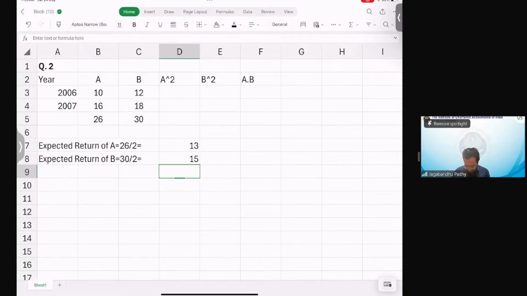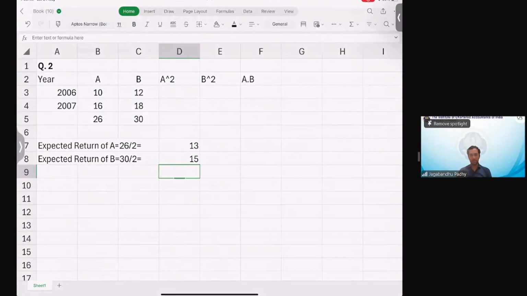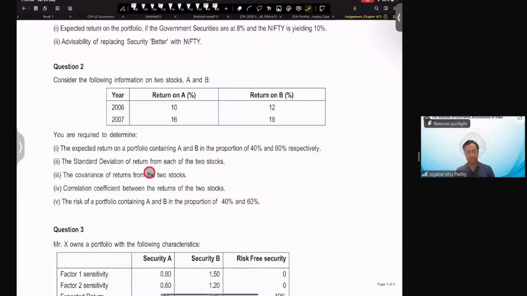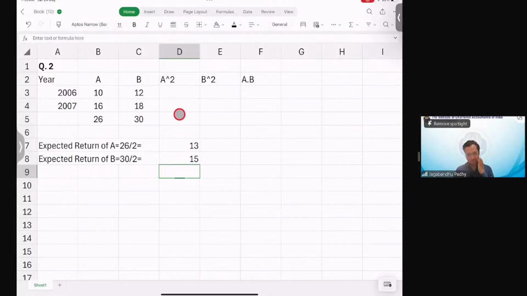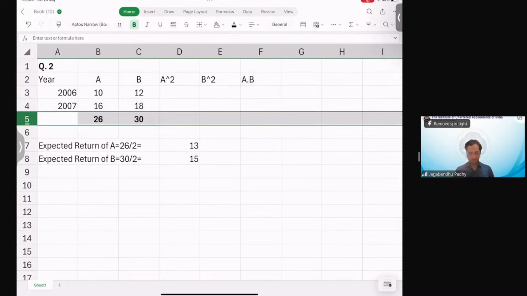These are the expected return values. We got the expected returns. Now, to compute the standard deviation, covariance, and correlation, we need to have these column values. So give me the total of these columns, everyone.